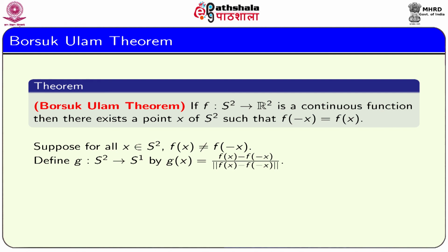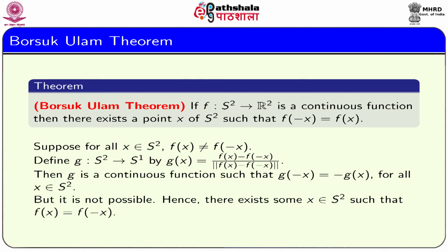Certainly, if f of minus x is not equal to fx, then the denominator will never be 0, thereby giving a point gx on S1. Then g is a continuous function, and we can check that g of minus x is equal to minus of gx for all x belonging to S2.